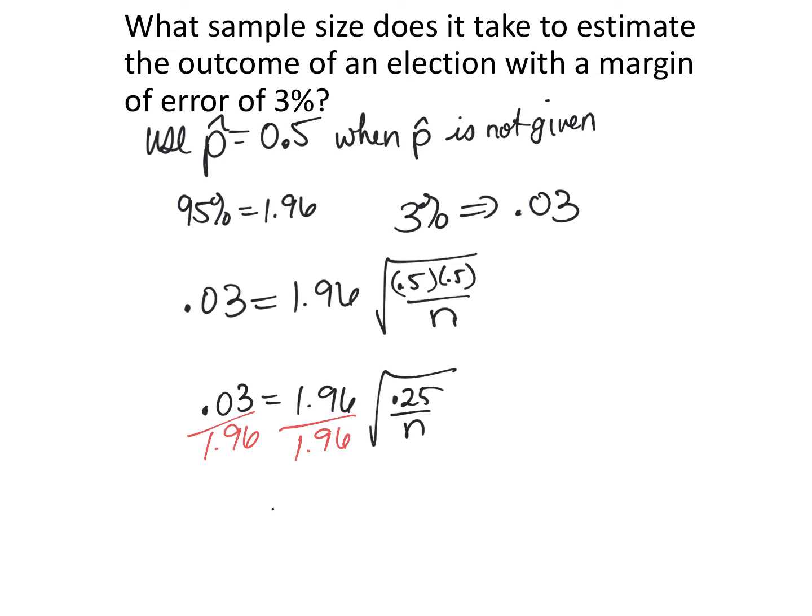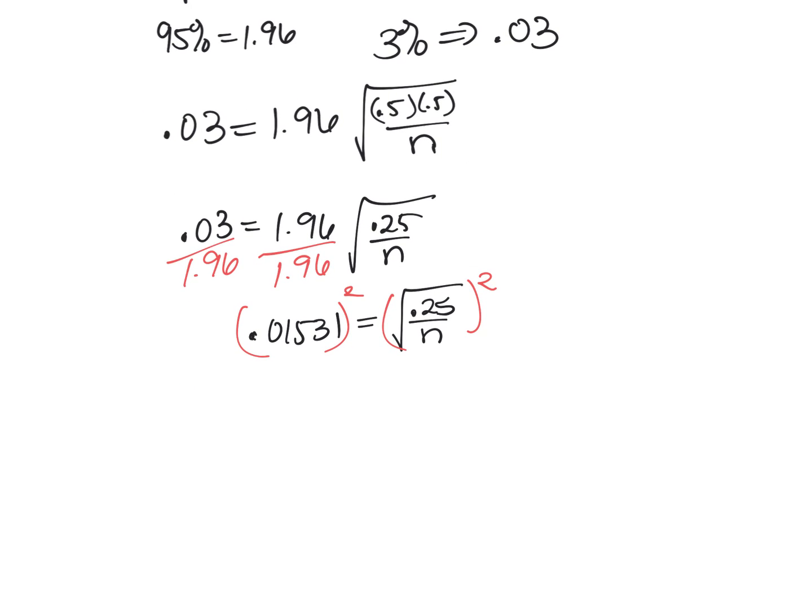We get 0.01531 equals the square root of 0.25 over n. And we're going to square both sides to undo the square root. So I'm going to hit square in my calculator. I get 2.343 times 10 to the negative 4 equals 0.25 over n.